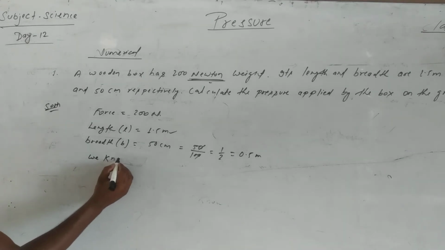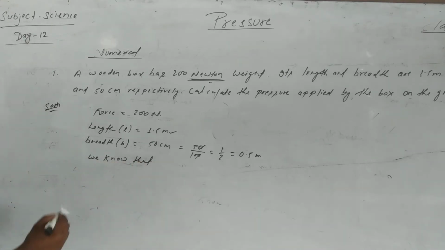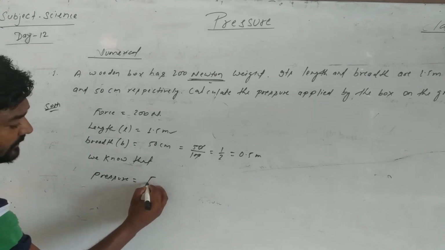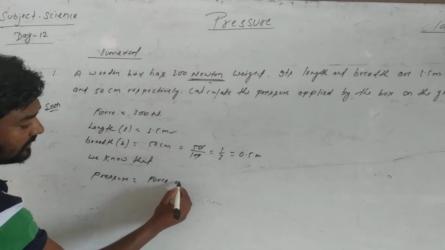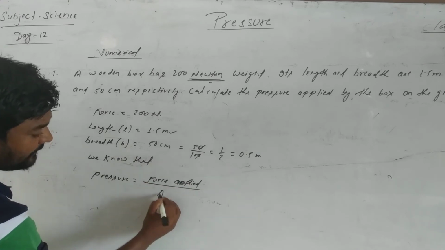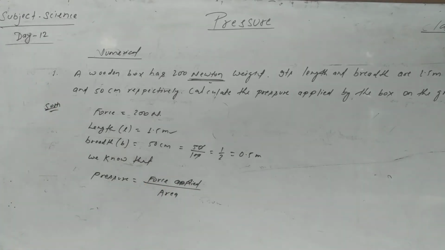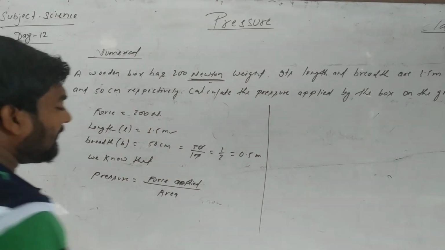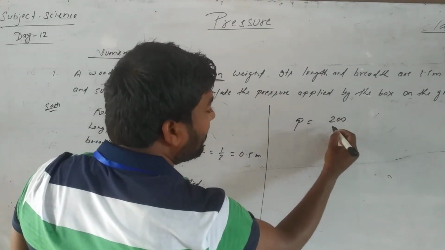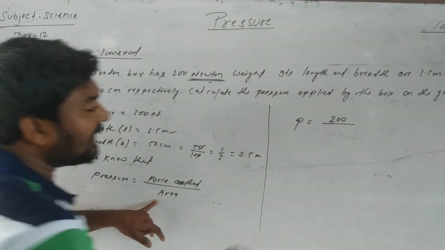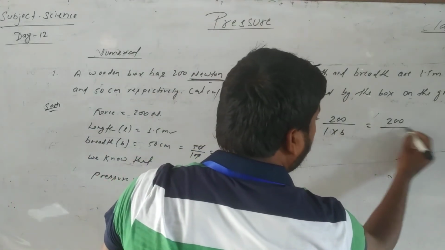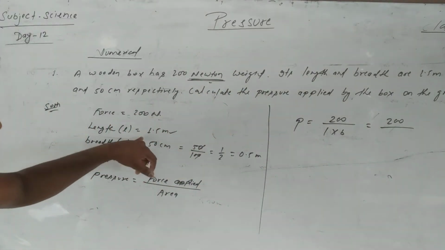We know that pressure is equal to force applied upon area, right? So P is equal to force, how many? 200. What is the formula of area? L into B, right? So 200, L means how much? 1.5.